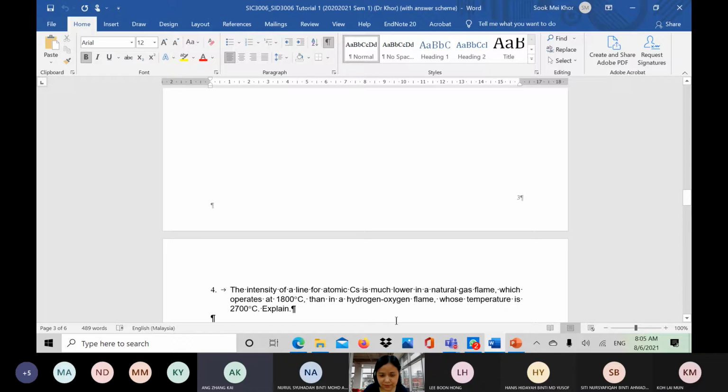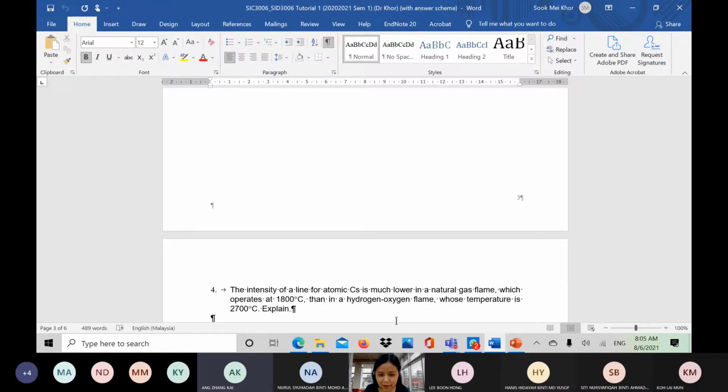And of course the flame used. Flame in AAS also uses flame. In AAS also uses flame. Why do you say this question is about AES? In AES we also use flame as atomizer, right? Why is this question not AAS but AES?